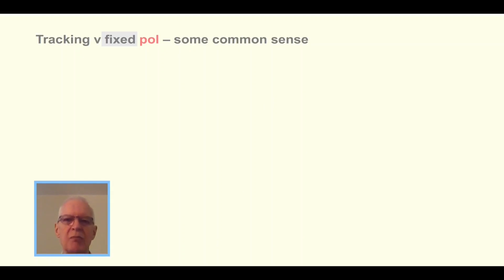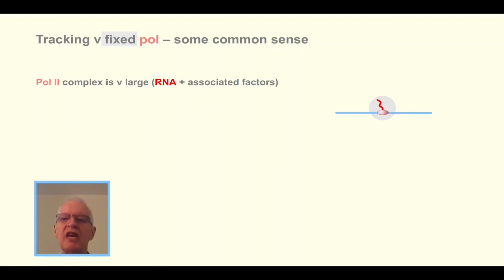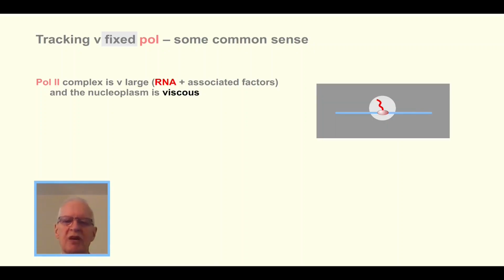Finally, on this theme, I'd like to appeal to your common sense. We now know that the polymerase II complex is incredibly large. The enzyme is associated with RNA, RNPs, splicing factors, polyadenylation factors, nonsense-mediated decay machinery, and so on. We also know the nucleoplasm is very viscous.